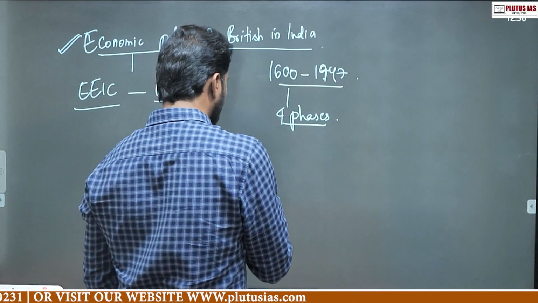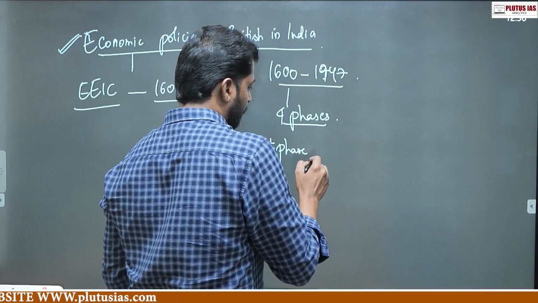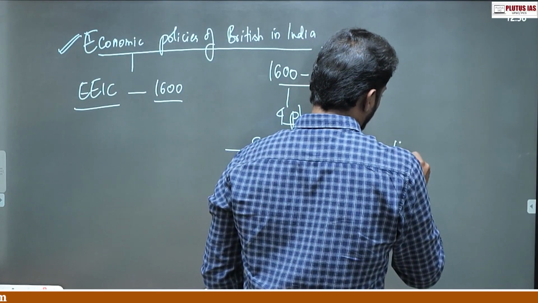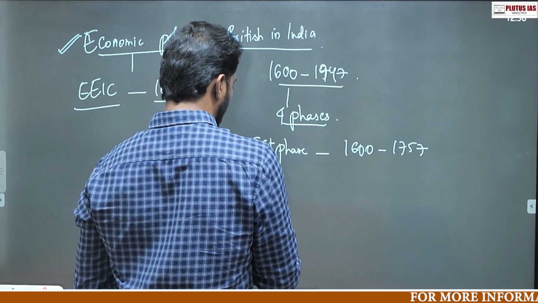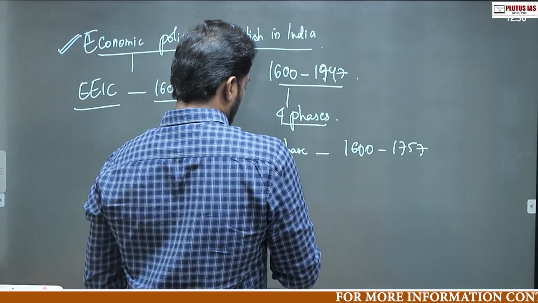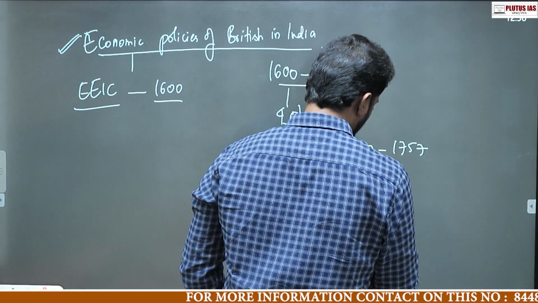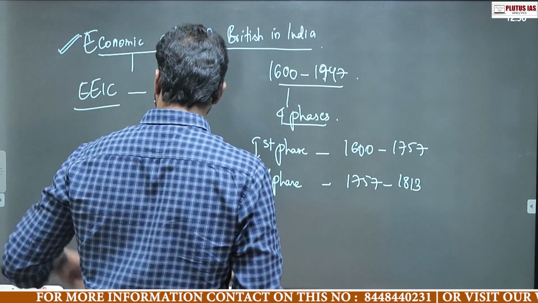So, what are they? The first phase, that is from 1600 to 1757, that is almost initial 150 years. The second phase from 1757 to 1813.